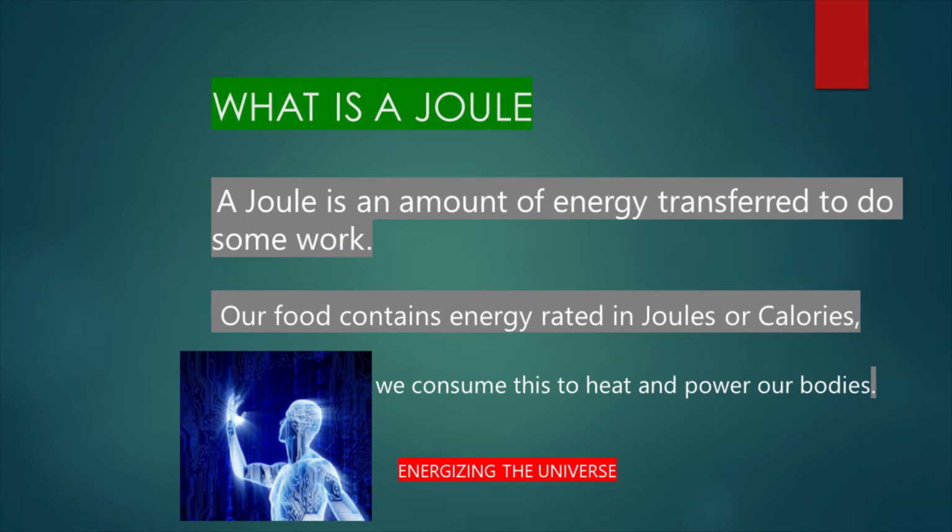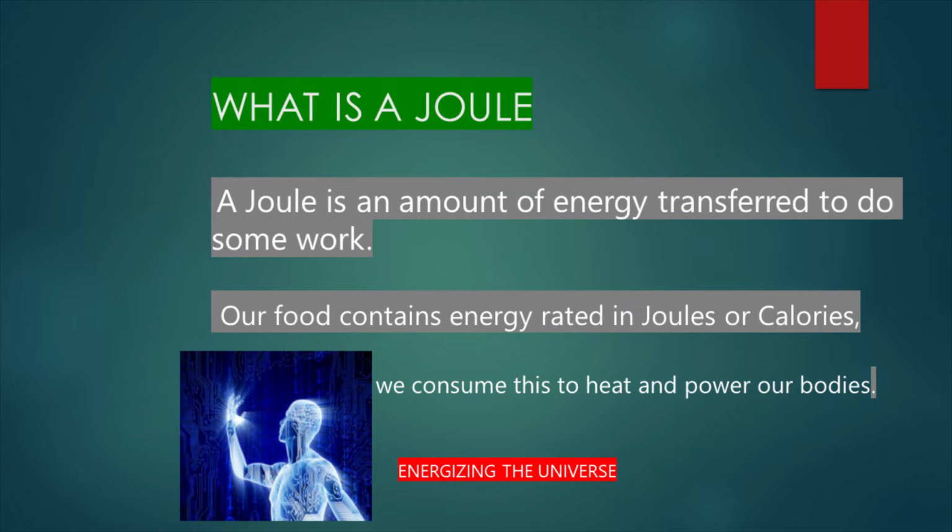A joule is an amount of energy transferred to do some work. For example, our food contains energy rated in joules or calories. You get to see that on nutritional facts. Some are either named joules or calories.